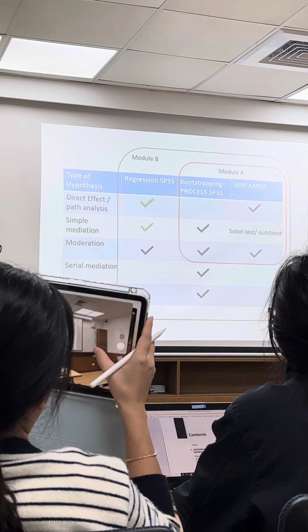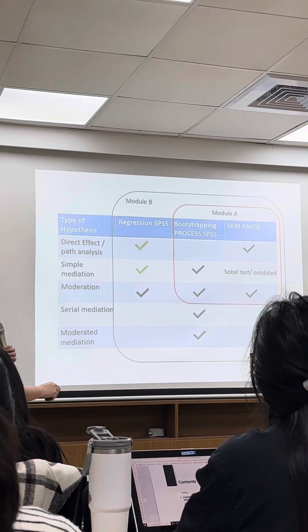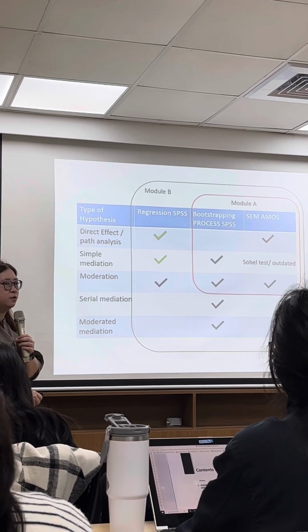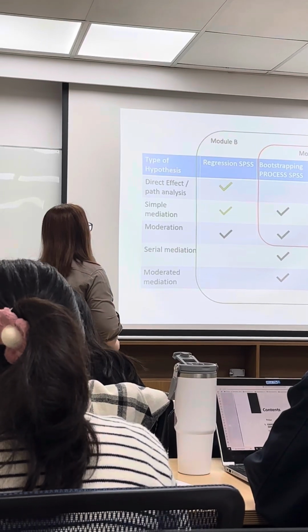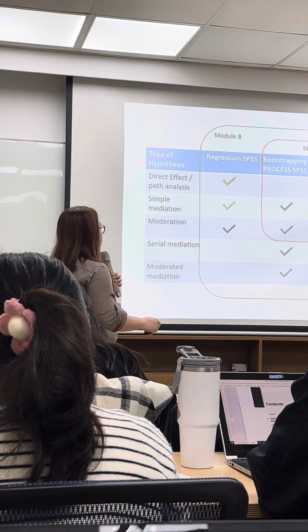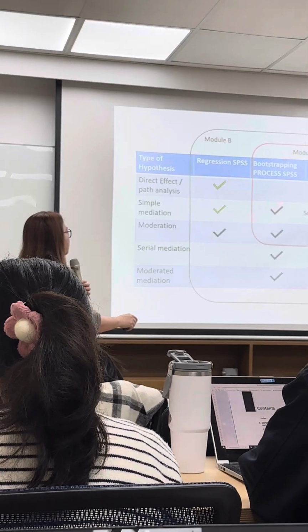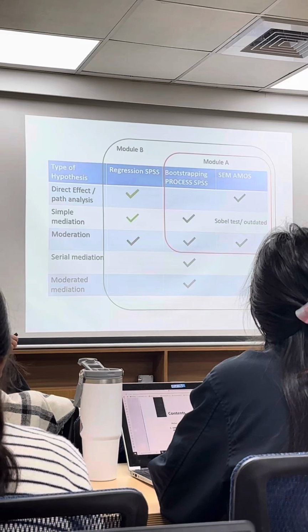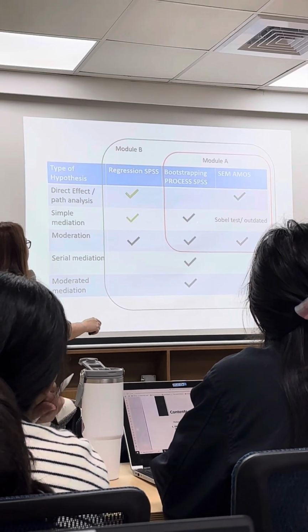And for mediation, today you will learn module 4, because the Sobel test is quite outdated. I do not recommend you use the Sobel test to test mediation. So I switched to this one, although it is totally not SEM, but I think it will be important for your thesis. So I hope that you can do this today.